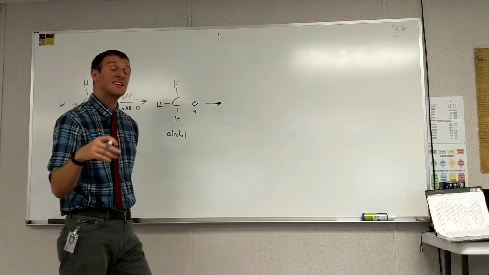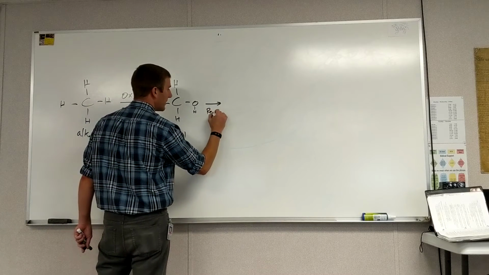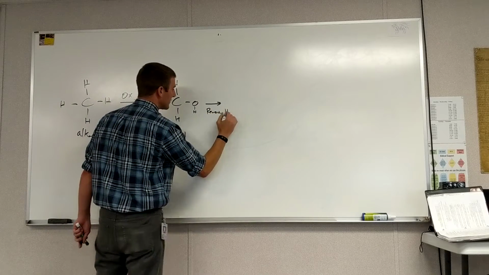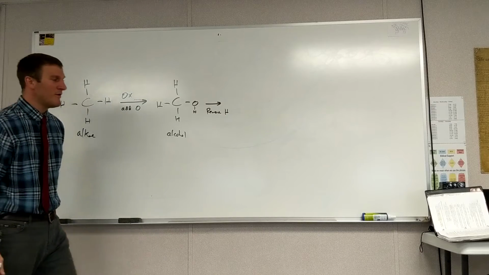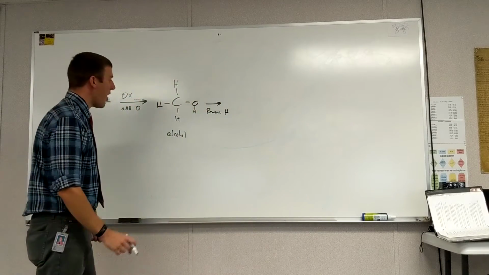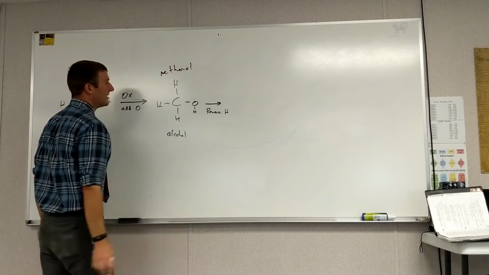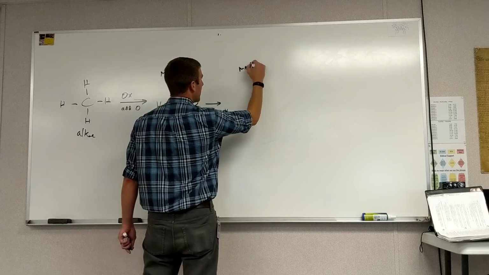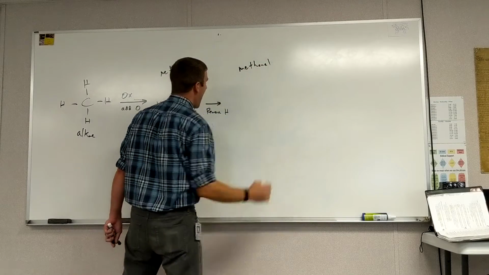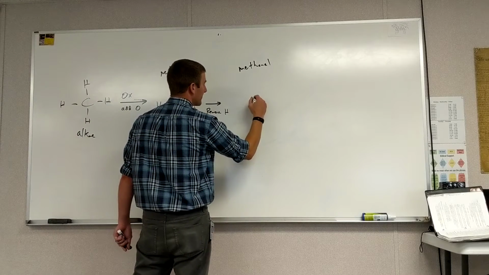I'm going to continue to oxidize it, but I'm not going to add O's now. What am I going to do? I'm going to remove H. So if I'm going to remove an H, what's going to happen? I'm going to go from methanol, right here, to methanal. So I'm going to remove protons.